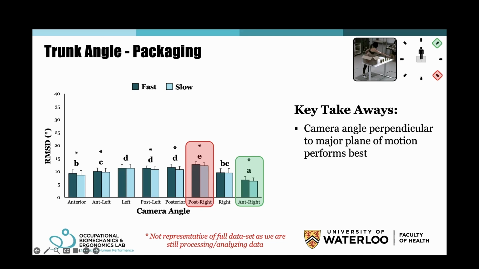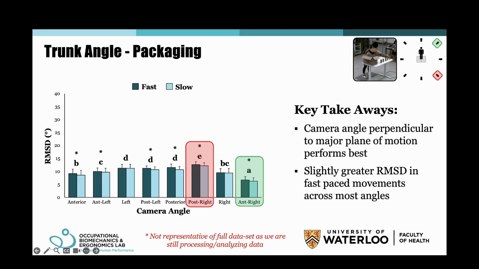Now, with this one, the speed differences are slightly different compared to everything else that I presented. We're seeing slightly greater root mean square differences in the fast-paced movements across most of the angles. But again, if I compare all the means across these data, while statistically significant, it may be a degree or 2 degrees difference between fast and slow.